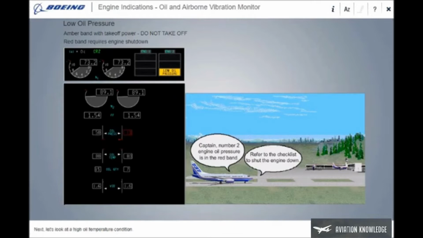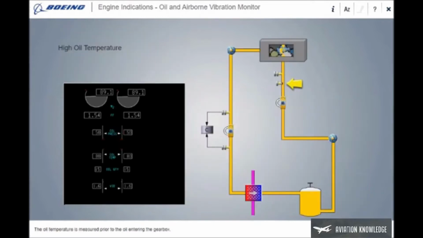Next, let's look at a high oil temperature condition. The oil temperature is measured prior to the oil entering the gearbox. If the oil temperature goes into the amber range, the pointer and displays turn amber.